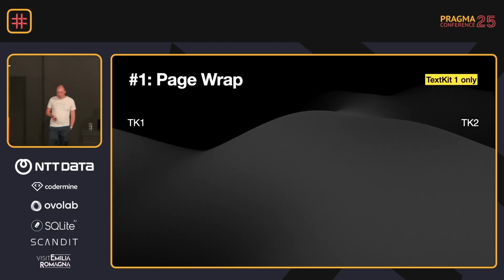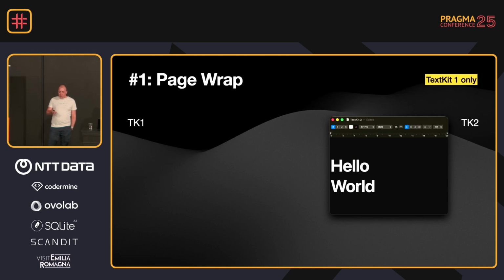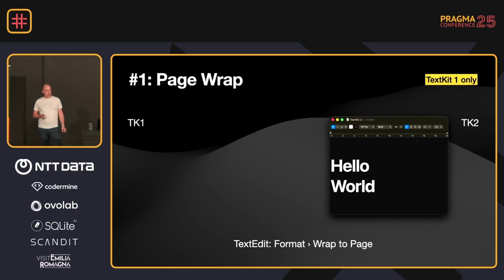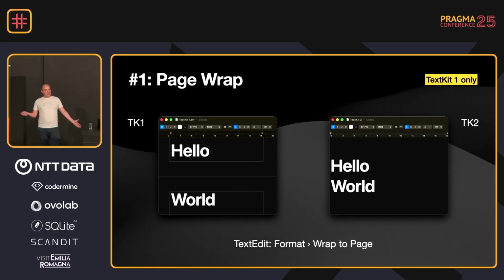It's always for now. So if you have this nice text open in TextEdit, like a hello world, and then you go to the Format menu and enable the Wrap to Page setting, what do you get? You get pages with boxes. I clipped it so it's better to see.